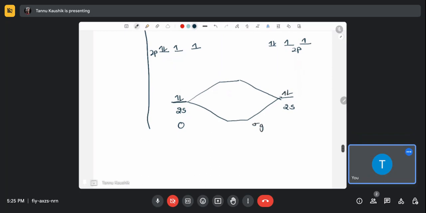Now this is sigma g bonding molecular orbital, sigma u star.